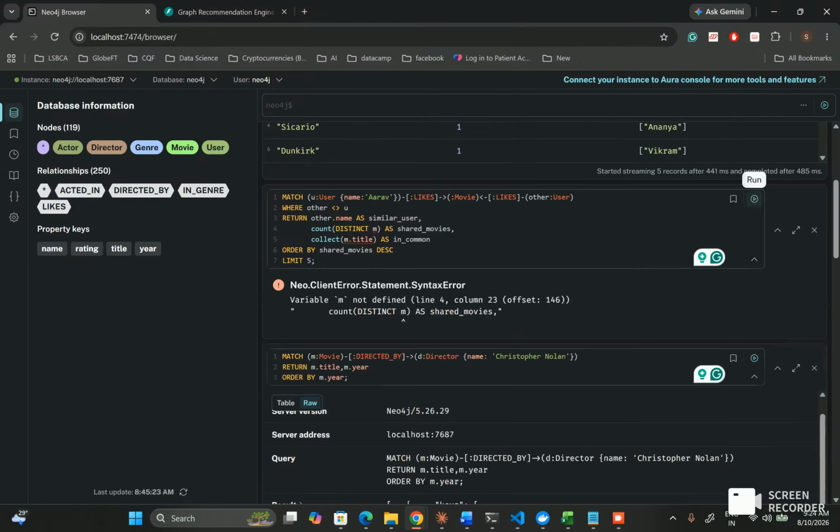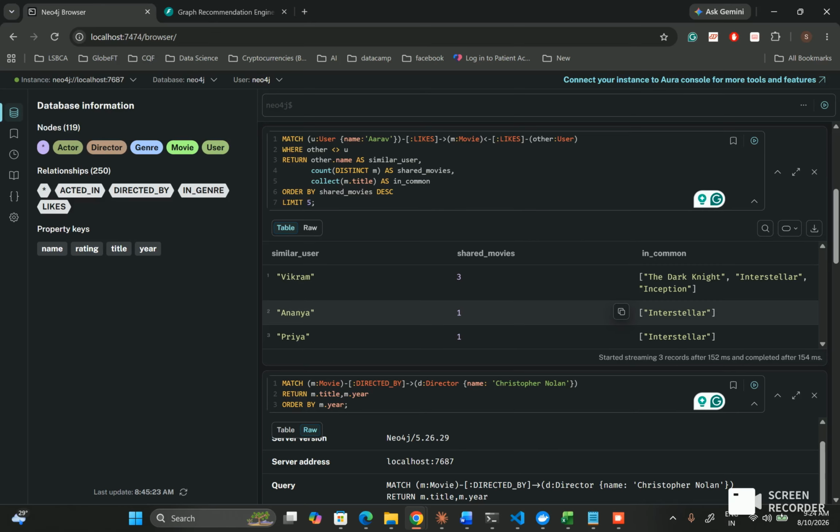Okay, let me show you. Let me run this query. Oh, okay, there's some problem. Let me see what is the problem over here. The problem is over here, I believe. Yeah, okay, so here we are. So what I was saying is that someone who shares three movies with Arav is a much closer match than someone who only shares one.